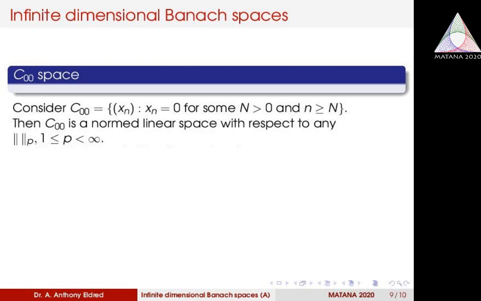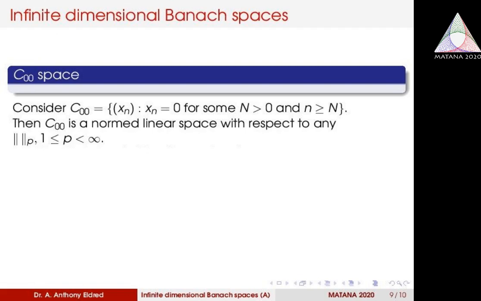sequences whose tail is 0. That is, after some stage, all entries in the sequence are 0. So this set we call C naught naught.